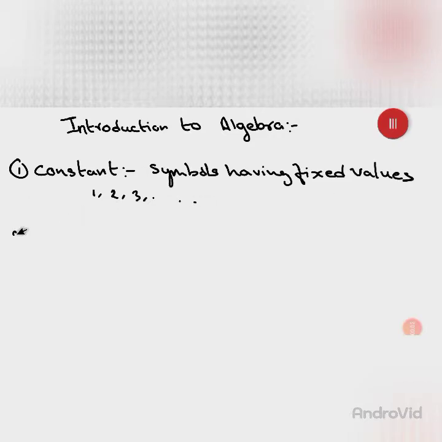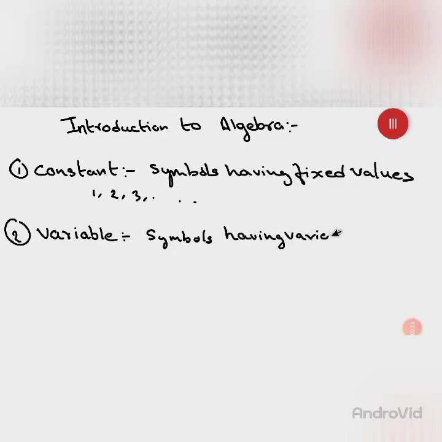Next is variables. They are the symbols having various numerical values.